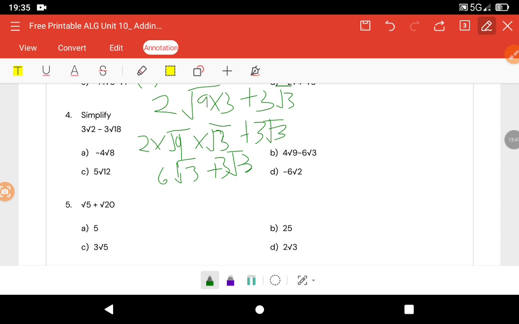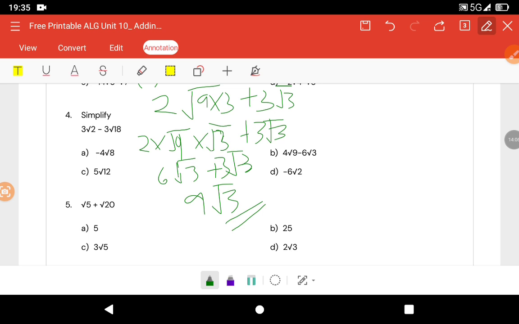And we know that 6x plus 3x is 9x. So 6 root 3 plus 3 root 3 is 9 root 3. So that's how this radical addition and subtraction is done. This works the same for addition and for subtraction.